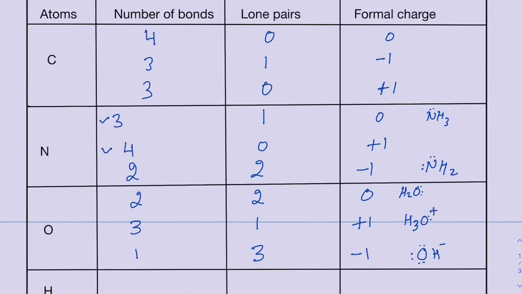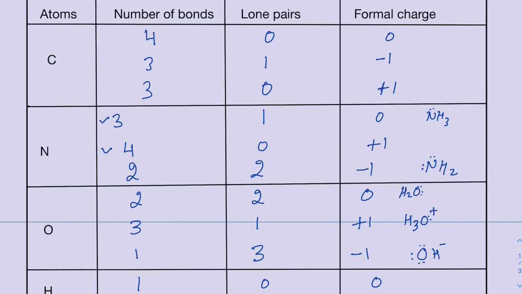Okay, as far as the hydrogen goes, hydrogen likes to have one bond, no lone pairs, and it will have a formal charge of 0. So that's the most common way you will be seeing it in the chemical molecule when you see the hydrogen. If you see a hydrogen by itself, then whatever the charge on the hydrogen is going to be, that would be the formal charge.